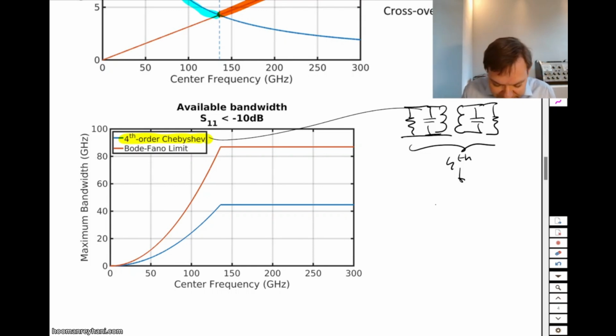But you see that at a certain frequency, the circuit bandwidth does not further improve. And that's limited by the quality factor, or the RC product, I should say, on the output of the transistor. So yes, going to high frequencies gives me higher circuit bandwidth, but around 140 gigahertz, things are no longer improving.